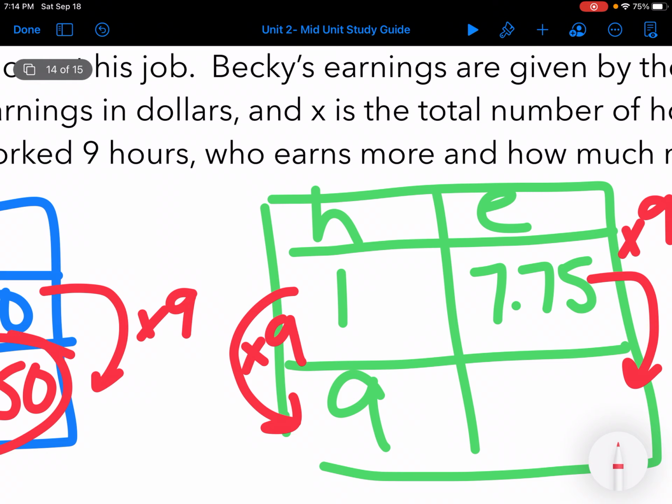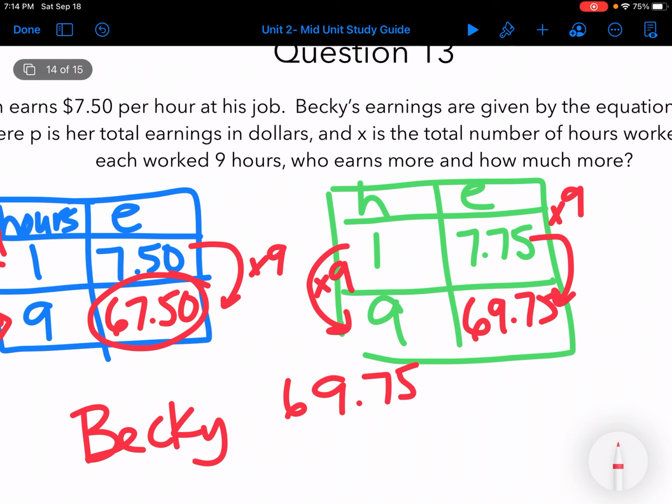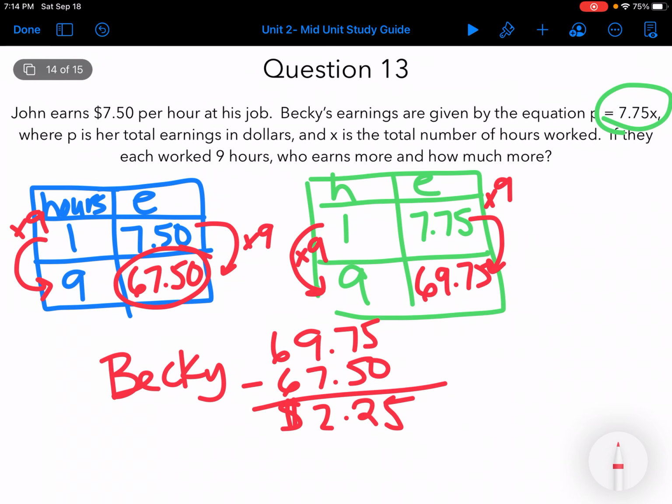So $7.75 times 9. I get $69.75. So now they want to know how much more. So I know Becky earns more. And I'm going to do $69.75 minus $67.50. And it's $2.25. So in 9 hours, Becky earns $2.25 more.